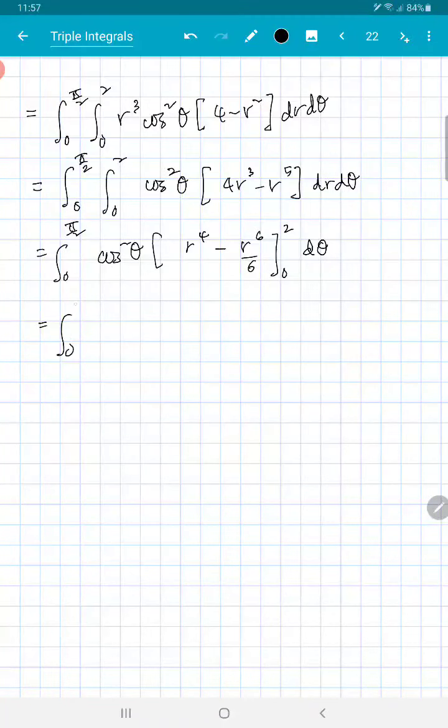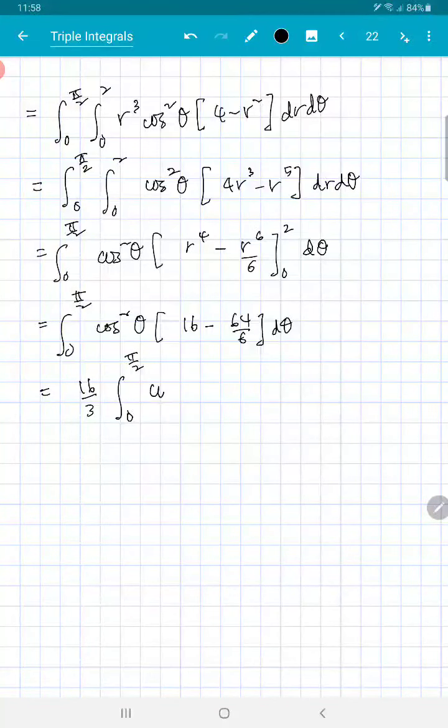So 2 to the power 4 is 16. 2 to the power 6 is 64. Now simplify that. 16 minus 64 over 6 is 16 over 3.